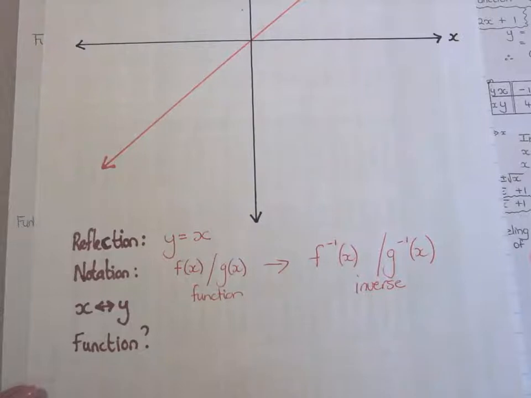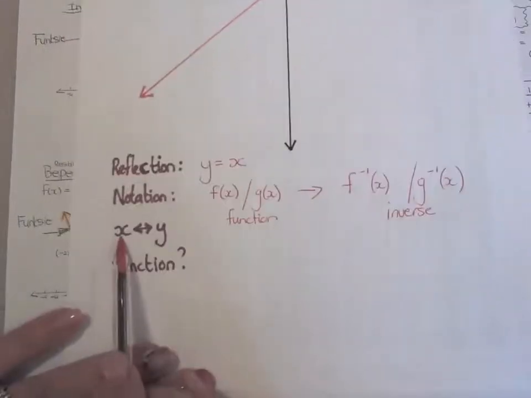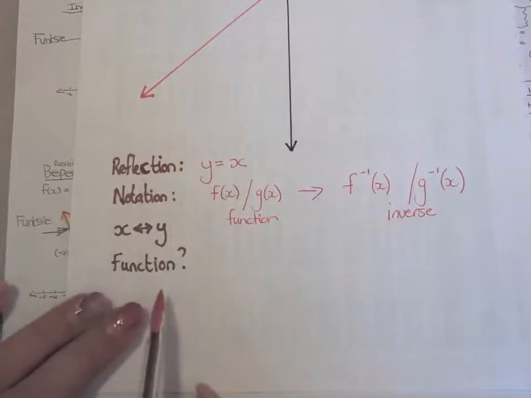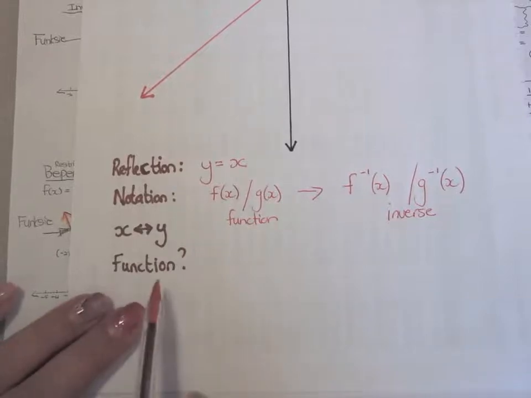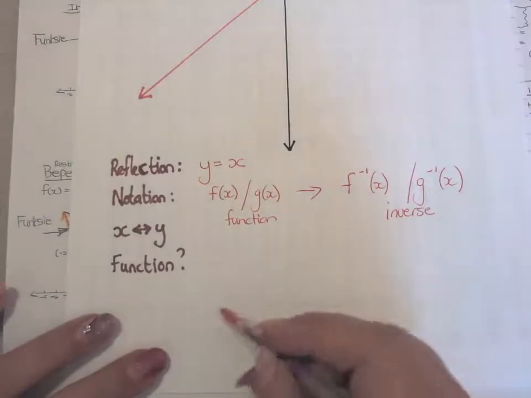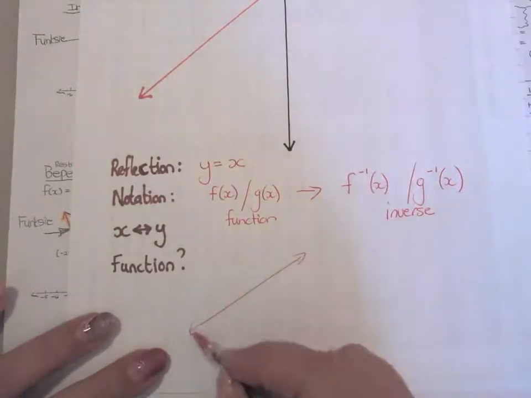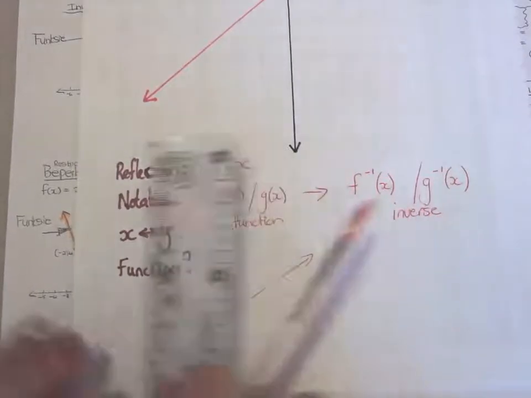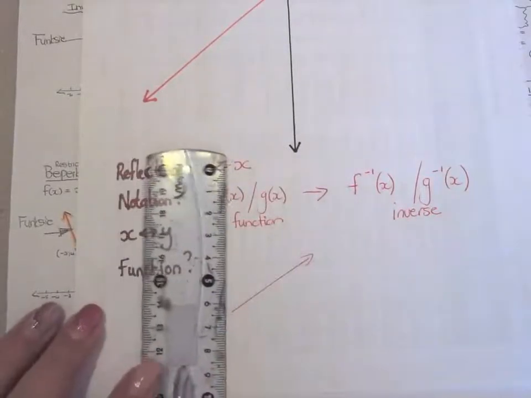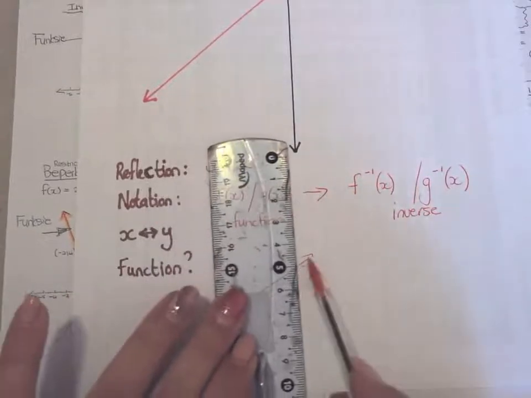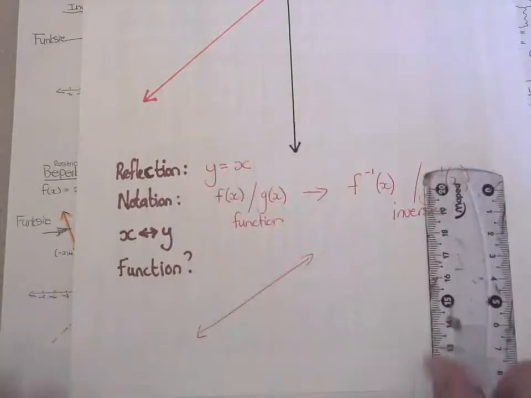To get an inverse, you swap the x and the y values. And we also need to know what a function is. Can you remember? A function is a graph, let's say a straight line, where if you use your ruler, the ruler cuts the function only once as you move along it.